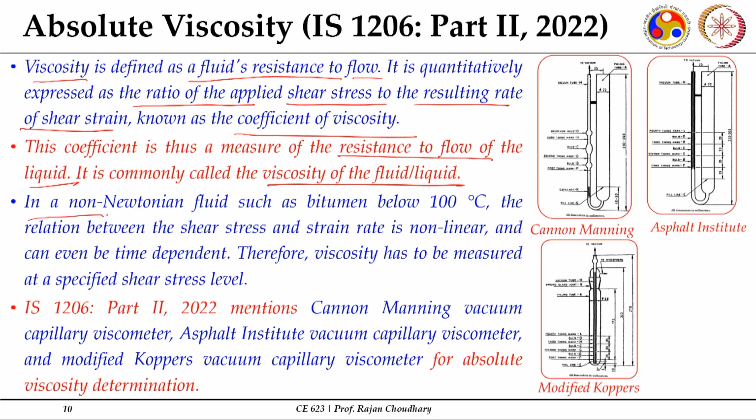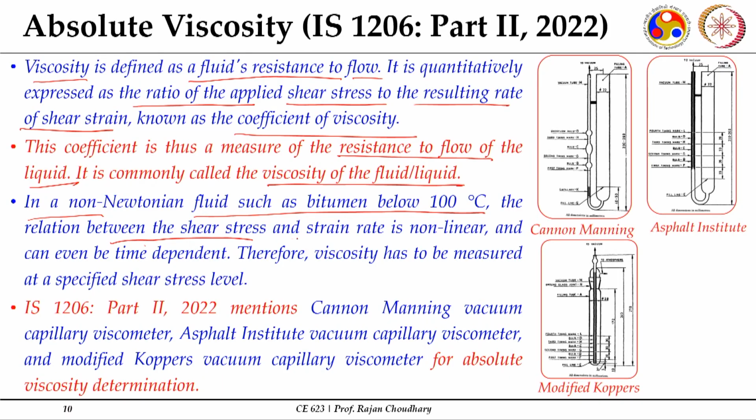In a non-Newtonian fluid such as bitumen, specifically at temperatures lower than 100, the relationship between the shear stress and strain rate is non-linear. So, you do not have a constant viscosity. That is why you have to define the temperature and you have to define the shear loading conditions to measure your absolute viscosity at a particular temperature.